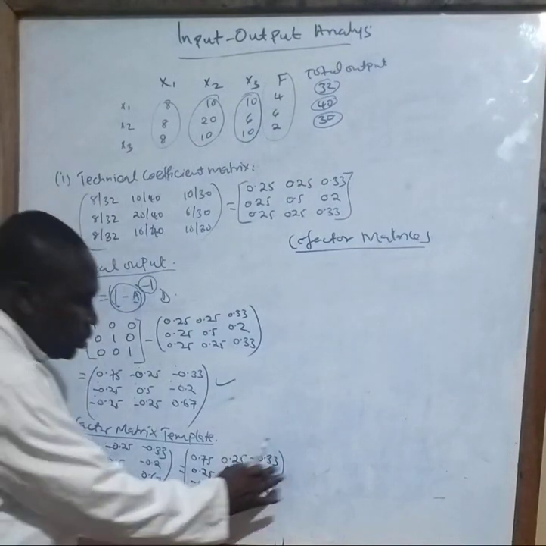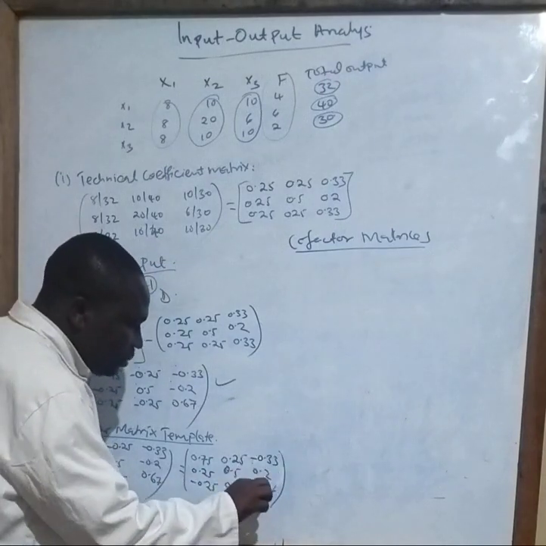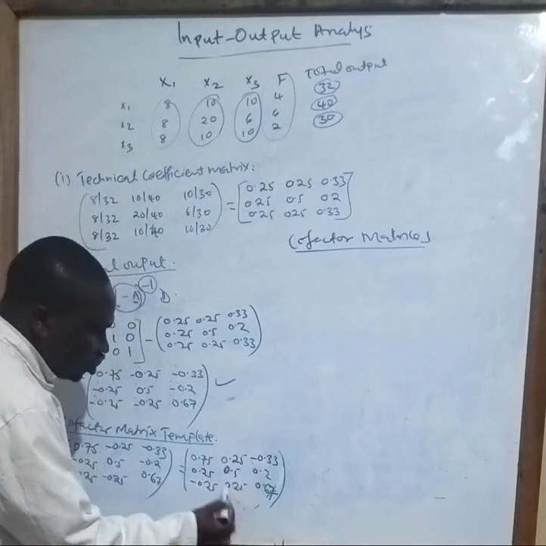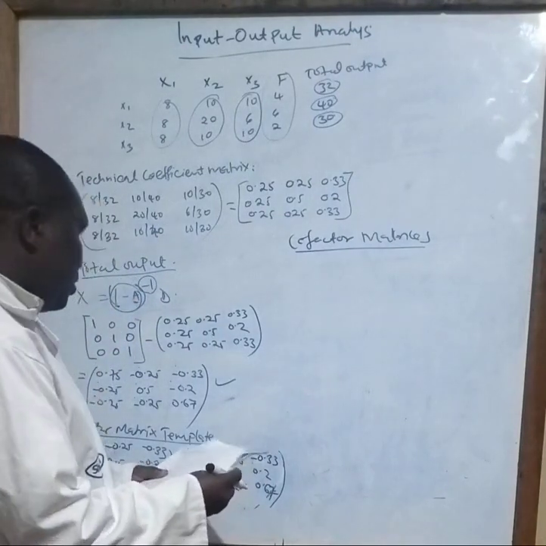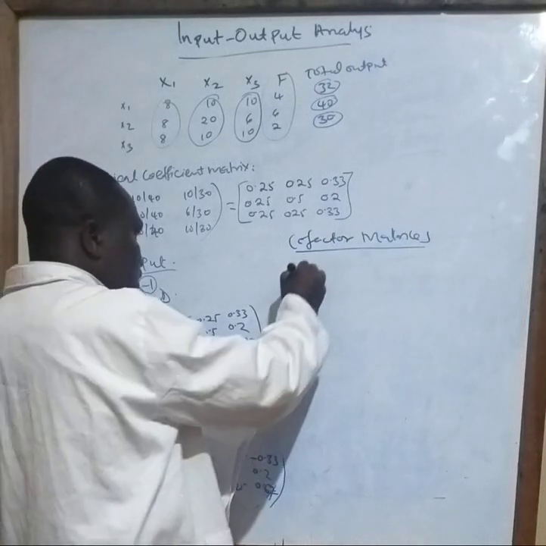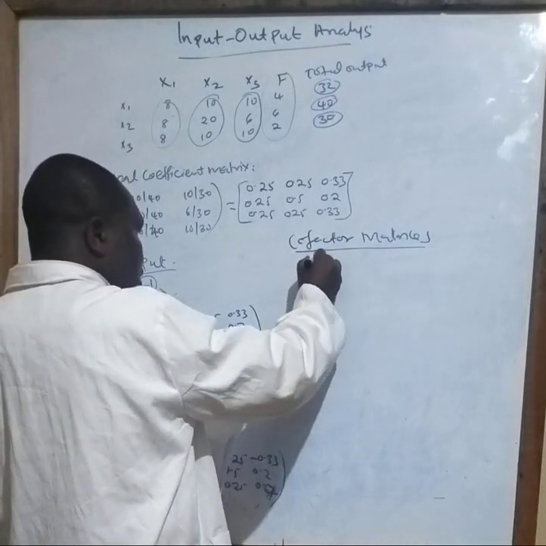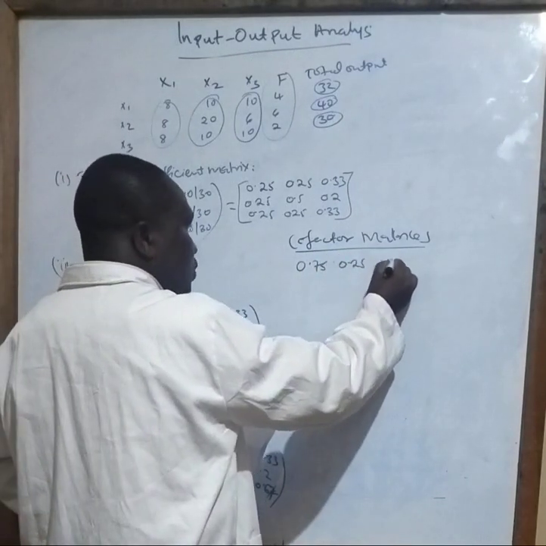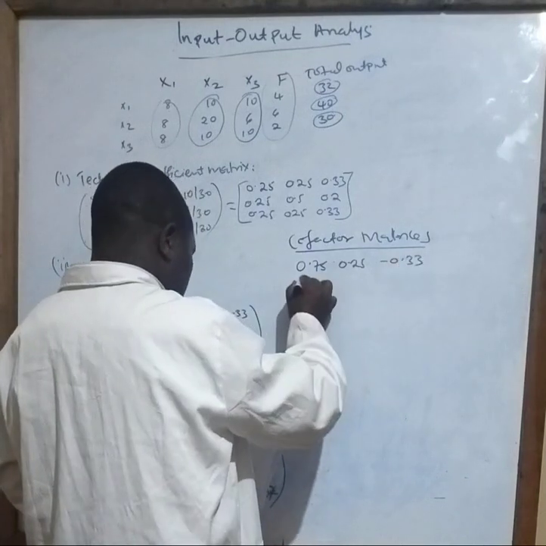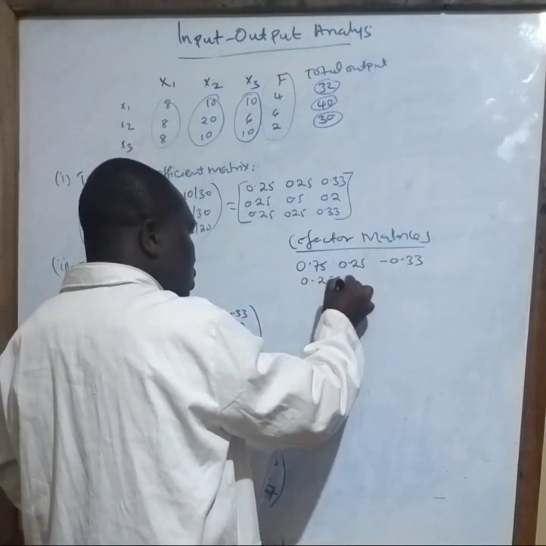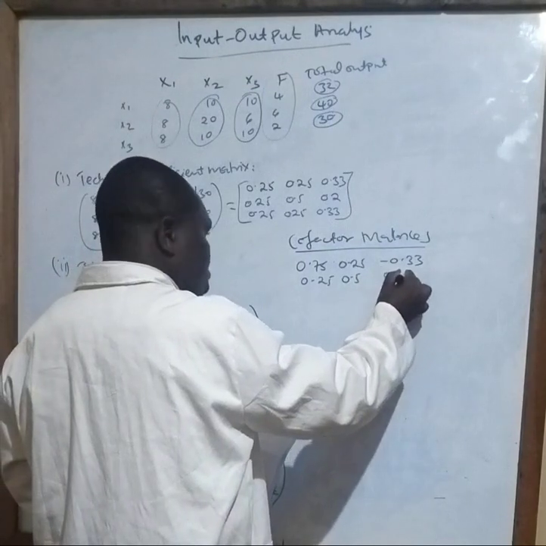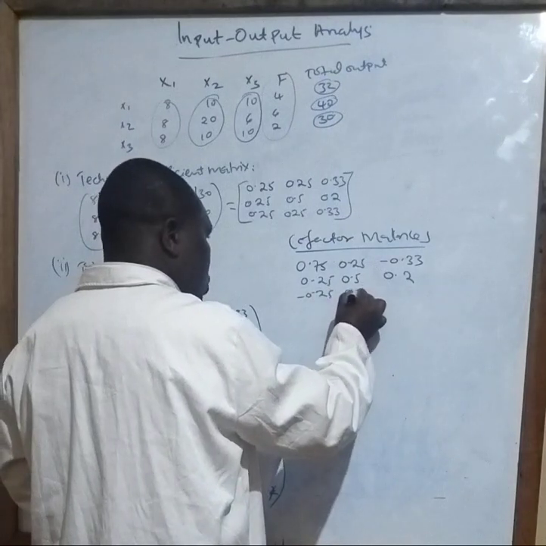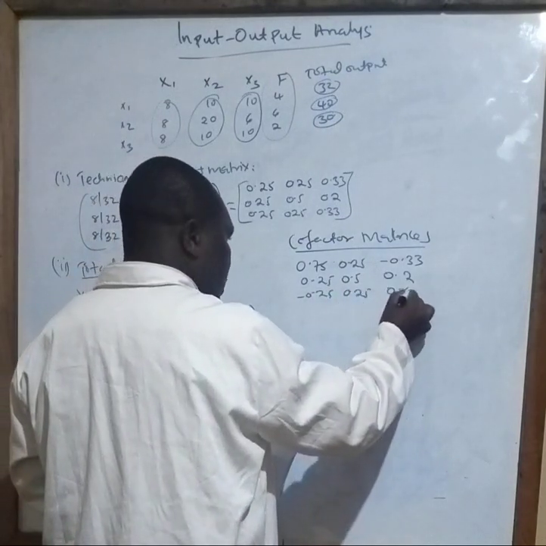So this one is purely what we discussed that time, matrices. When you close this one and this one, you have this. So your first matrix: 0.75, 0.25, negative 0.33, 0.25, 0.5, 0.2, negative 0.25, 0.25, and 0.67.